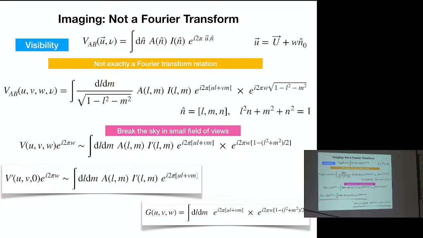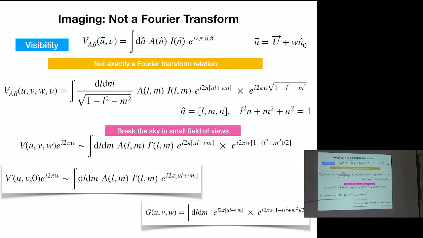Once I do this, the left hand side I will call V prime, which is a function of U, V and W. For the time being, you have to do this for each frequency separately. In the right hand side, I have this entire thing multiplied by e to the power i 2 pi W times L square plus M square by 2, right?